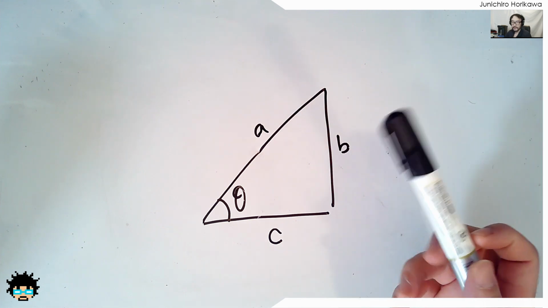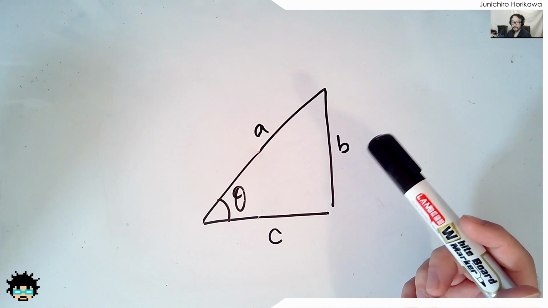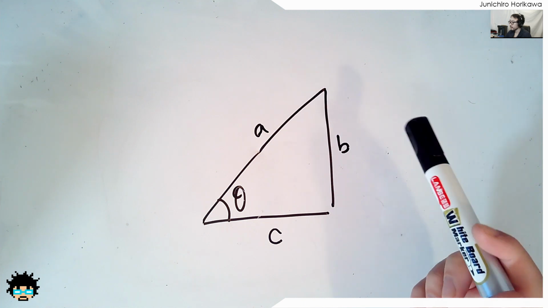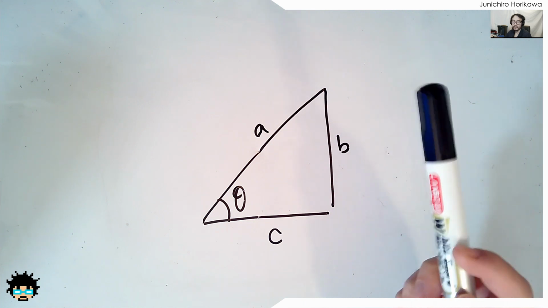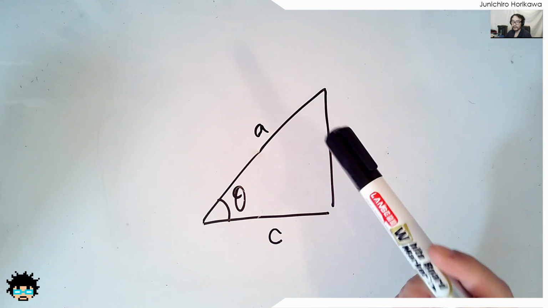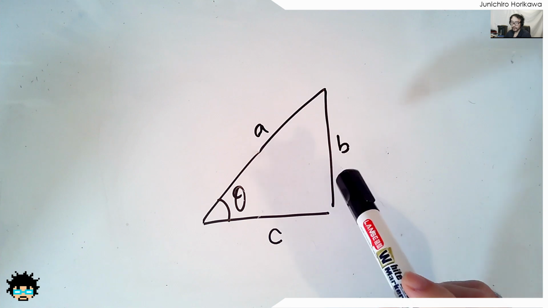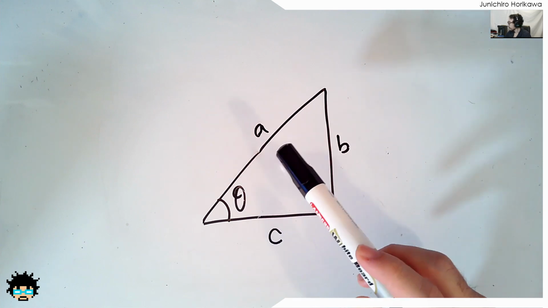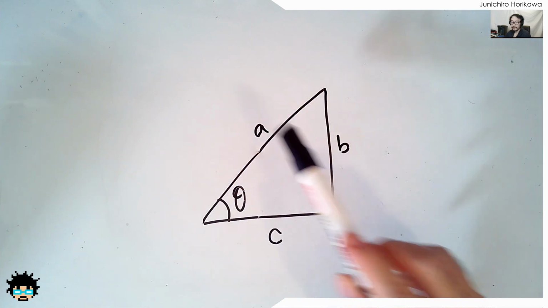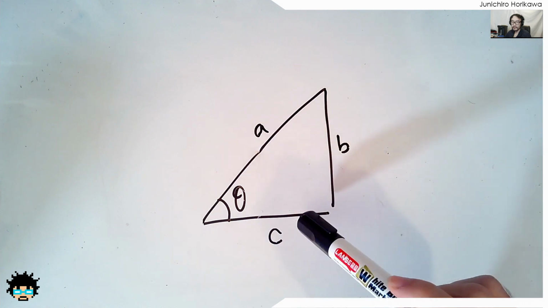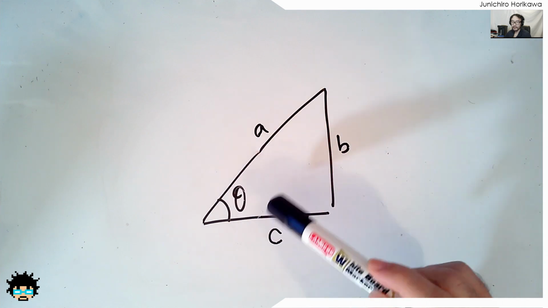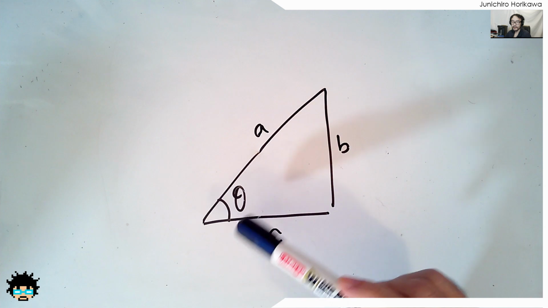And let me first explain what trigonometry is. Trigonometry is a field in mathematics which explains the relationship between the edge lengths and the angles of a triangle. Meaning, if you know the edge lengths of the triangle, you'll be able to estimate the angle of one of the corners of the triangle.